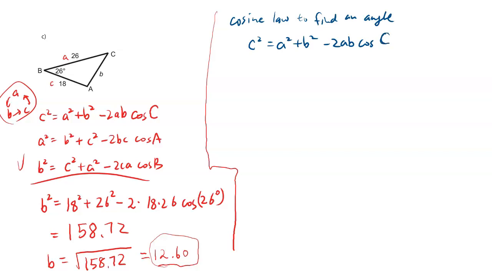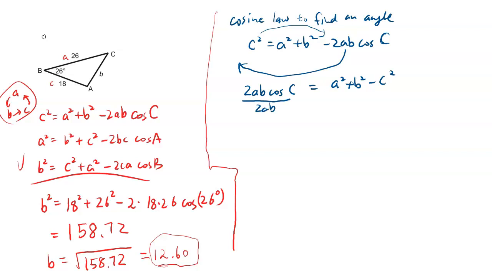So in order to do that, what you do is you first move the entire thing this way and subtract c squared this way. That makes this positive, so it's easier to work with. So this becomes 2ab cosine c equals a squared plus b squared minus c squared. And then you want to get rid of this 2ab all at once by just dividing by 2ab.